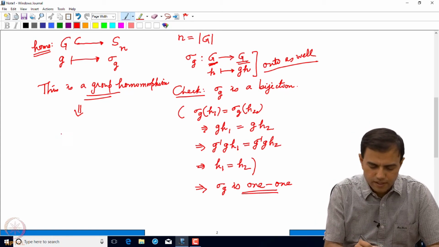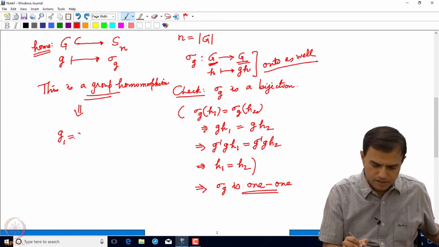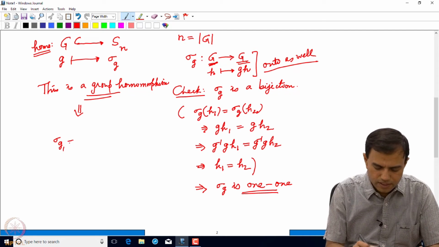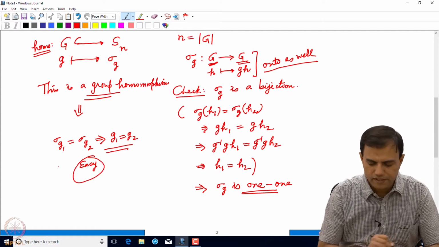Just check that if sigma G1 is the same as sigma G2, then you just need to check that G1 is equal to G2. That's not very difficult to make out.